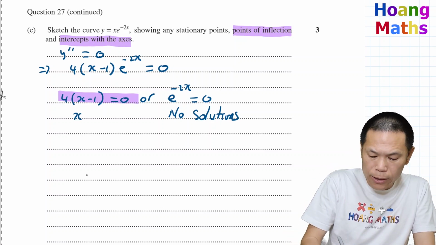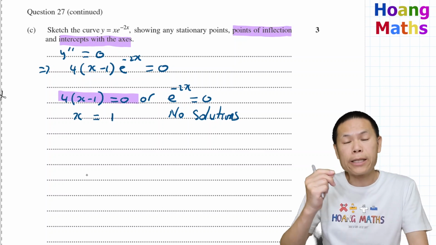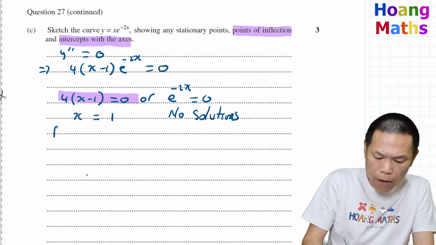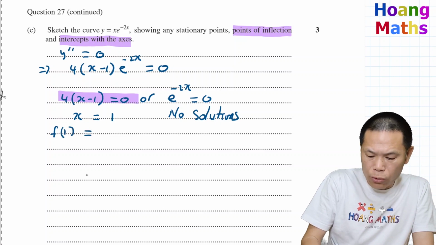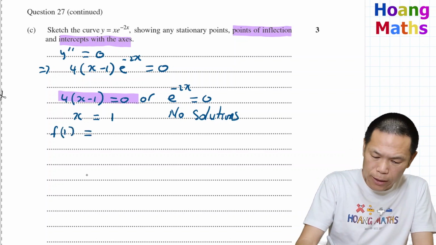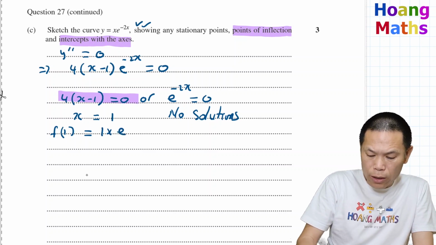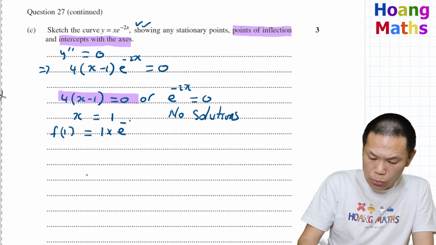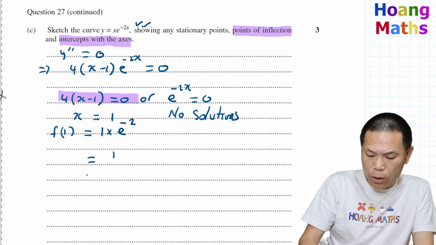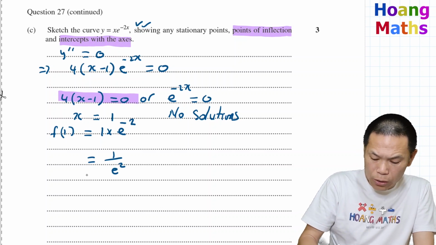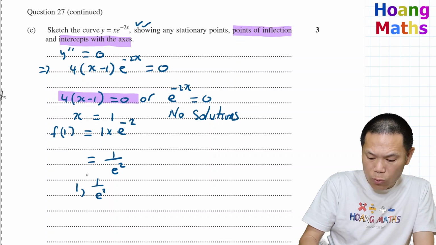When x is equal to 1, we need to find the y value. So f of 1 is equal to, and we know f of x is this function here, 1 times e, and we have negative 2 times 1, which is negative 2. So I bring it down, becoming 1 over e squared. So the point of inflection could be 1 over e squared.